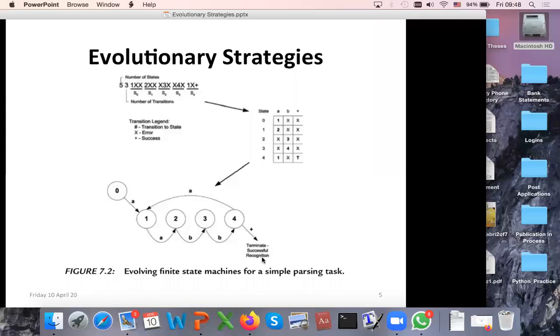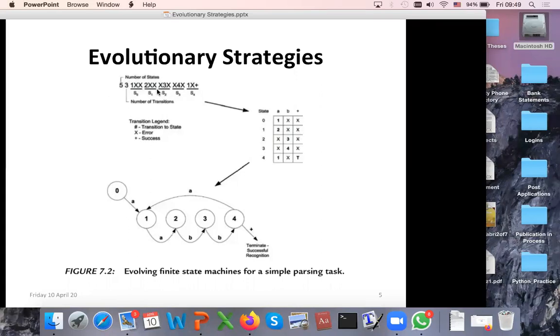And this is another example from that time of evolutionary strategies. In this slide, there is a string mentioned here, and then there is some finite automata and its transition table displayed here on this slide.